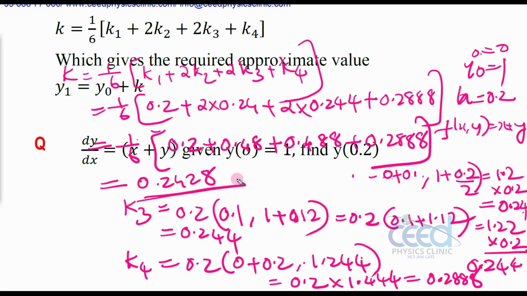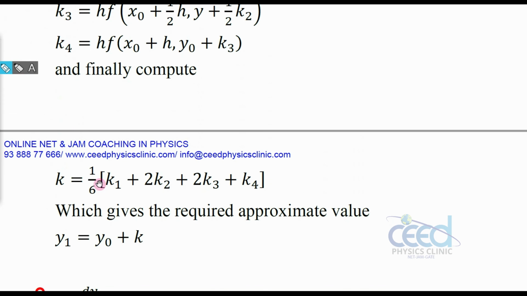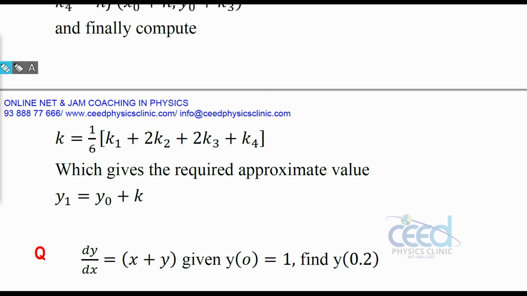So this is the method of solving the differential equation using the Runge-Kutta method. The calculation is a little bit tedious, even though this is an easy method once you study these k1, k2, k3, k4 values. The only thing we have to find is this k, and finally substitute. So we got the final result k as 0.2428.